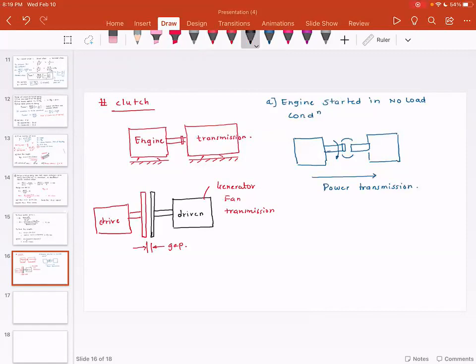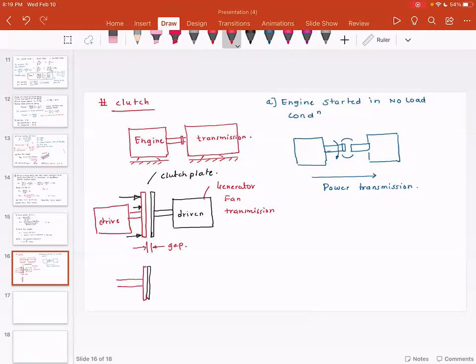The way it happens is you continuously apply force on this plate, called the clutch plate, in such a way that these two plates come in contact.